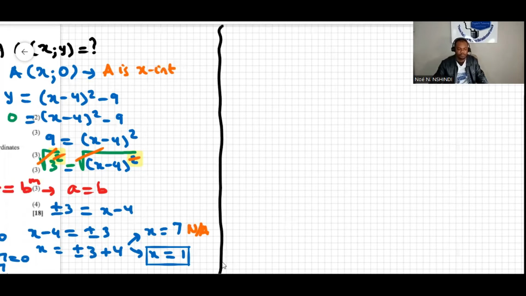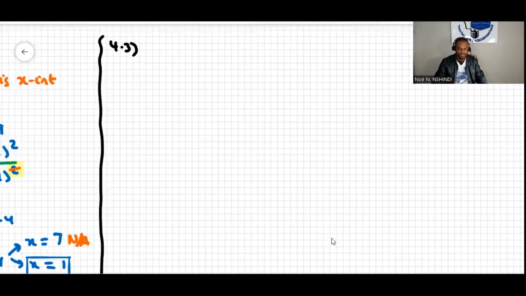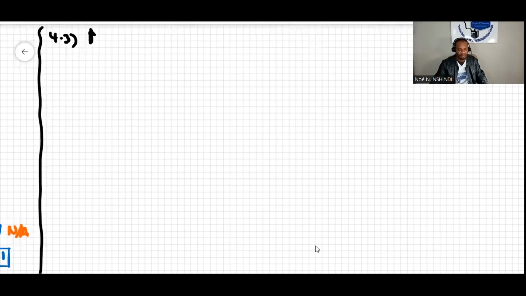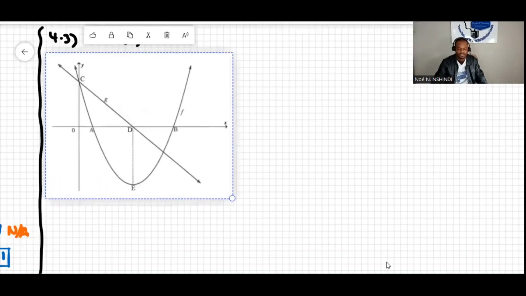For better insight, I prefer to reproduce the same diagram over here. We're looking for the coordinates of M, which is the reflection of C on the axis of symmetry. Now let's first represent the same diagram here. So here is the diagram.